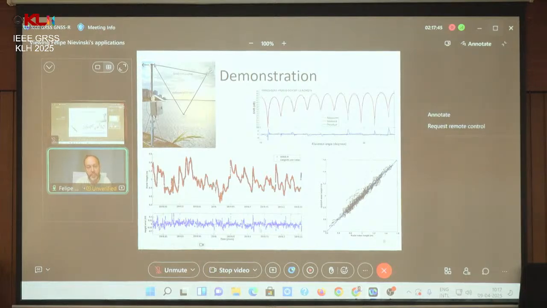Not showing this here, but we can tell when they adjusted the zero level in their tide gauge just by comparing with this one. So it's a nice exercise in oceanography and or hydrology. A GNSS-R station and a redundant sensor close to an existing station.